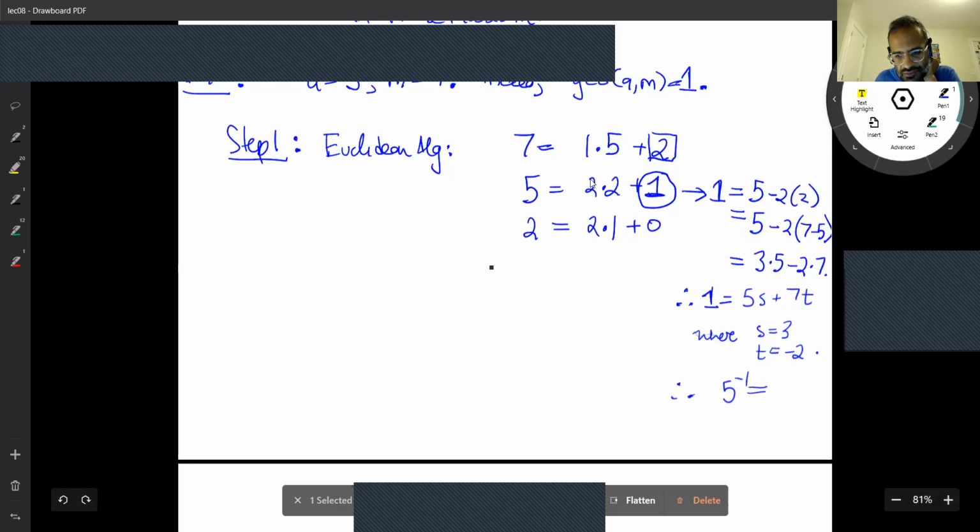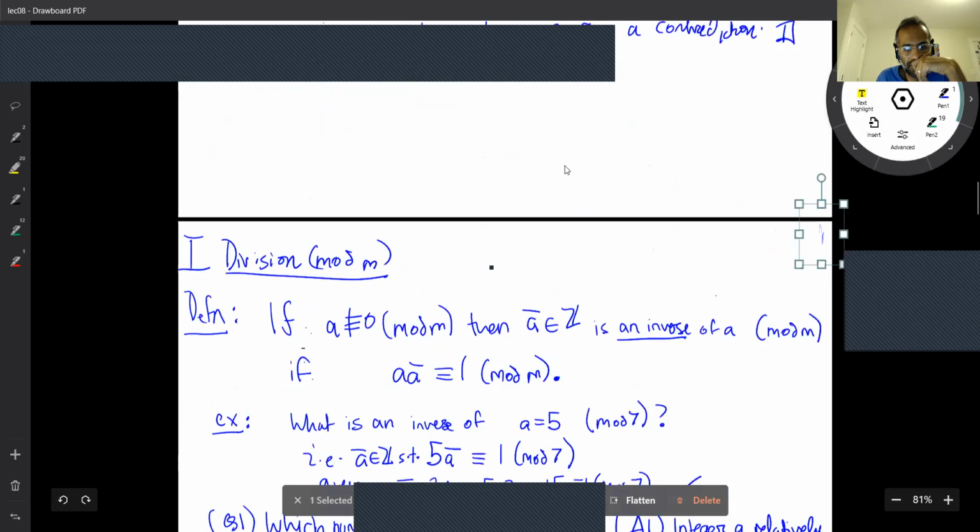Or okay, we can use this: 5 inverse is congruent to 3 modulo 7. I can define this notation this way. The inverse of a non-zero element is defined in this definition over here.